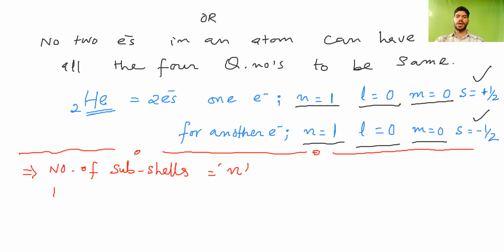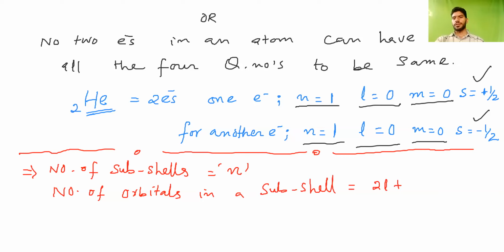And similarly, the number of orbitals in a subshell is given by 2l plus 1.